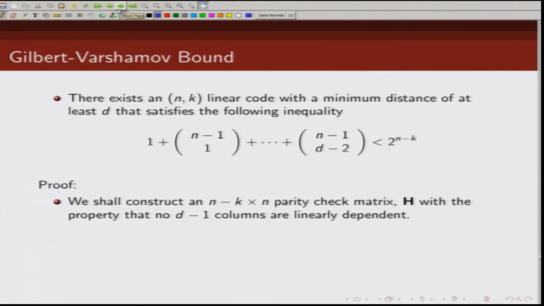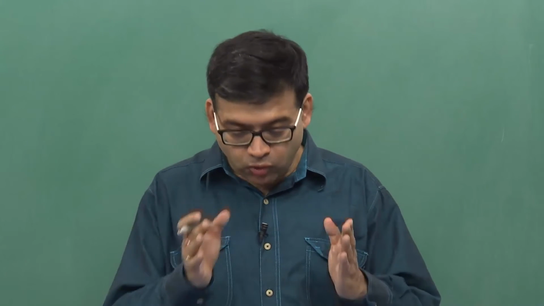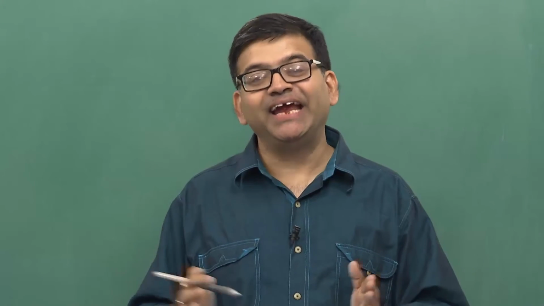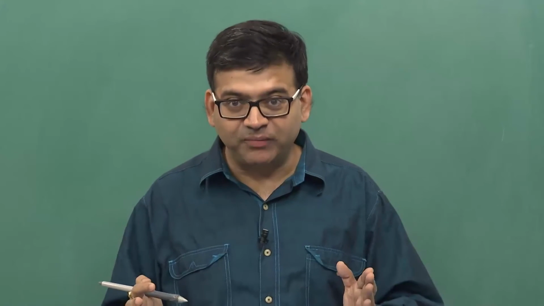We know how the minimum distance of a code is related to the columns of the parity check matrix. Now, if the minimum distance is at least d, then we know d minus 1 columns are linearly independent. So, no combination of d minus 1 columns of this parity check matrix will be linearly dependent.